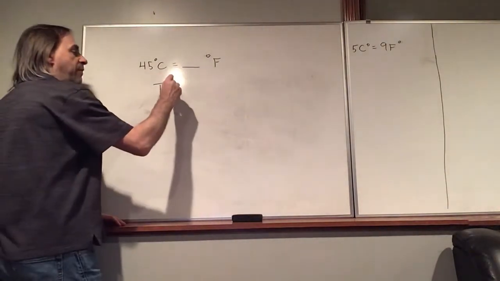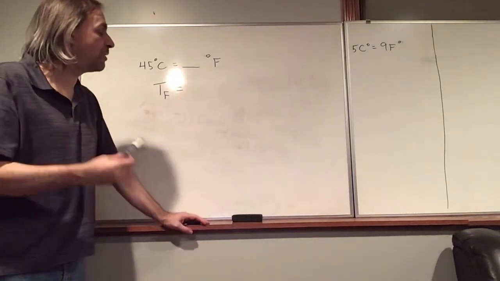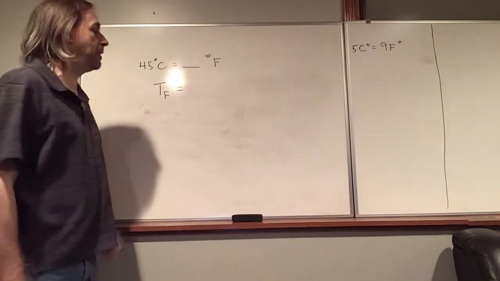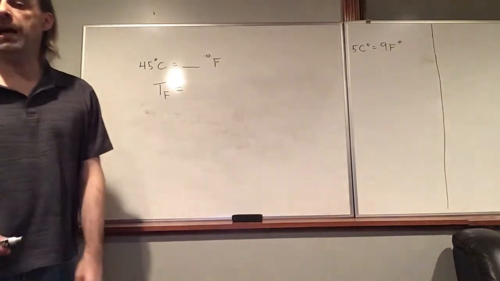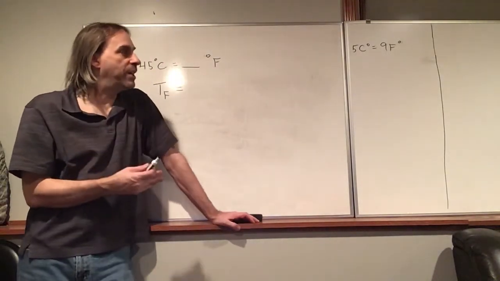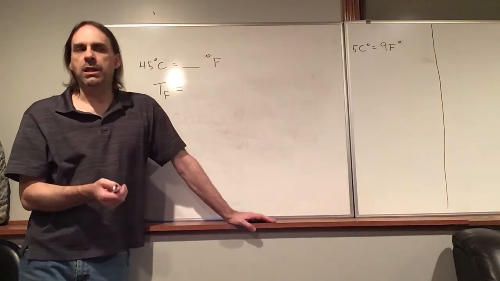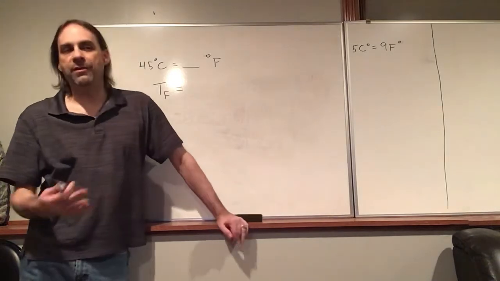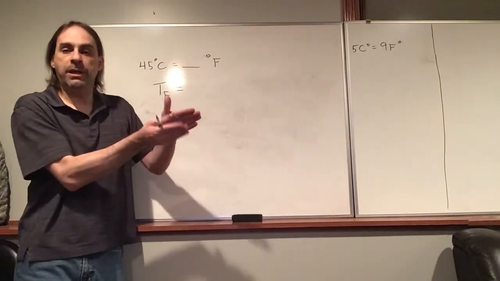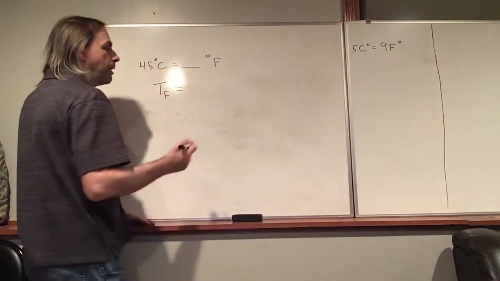So we're going to have T_F equals something, where we plug in our temperature on the Celsius scale and do something and get the temperature in the Fahrenheit scale. Now the thing about this conversion is that it has to be a linear equation. Just the way we define these temperature scales, they are linear. We break it up into equal intervals. So there's going to be a nice linear relation between them.